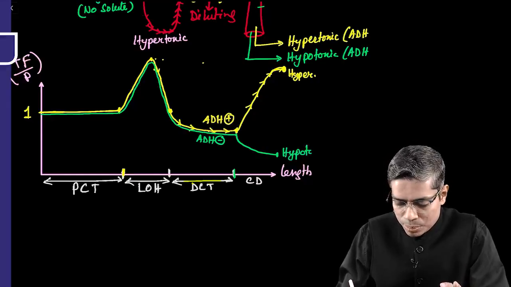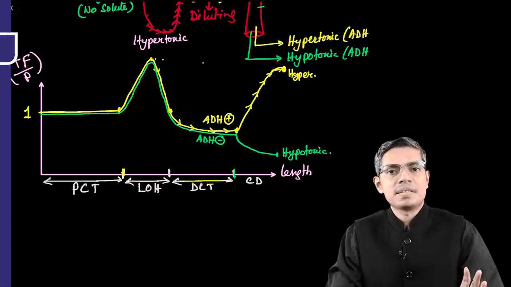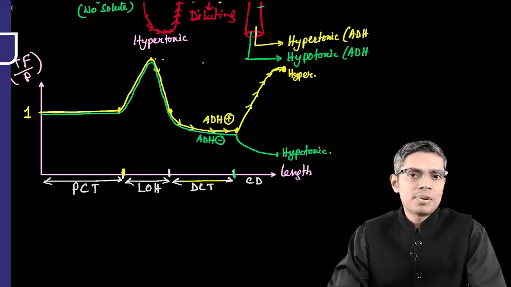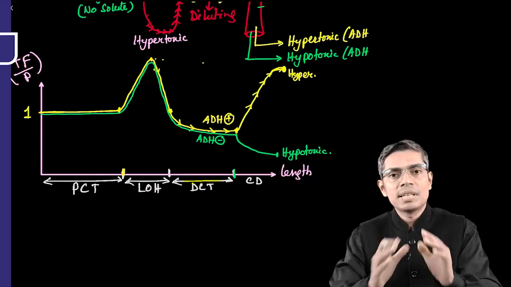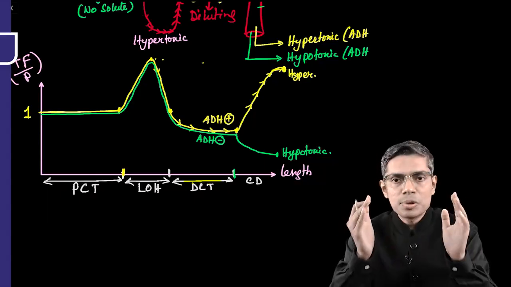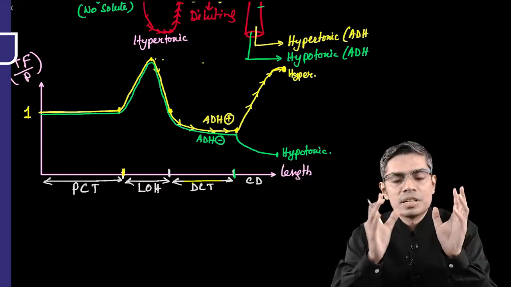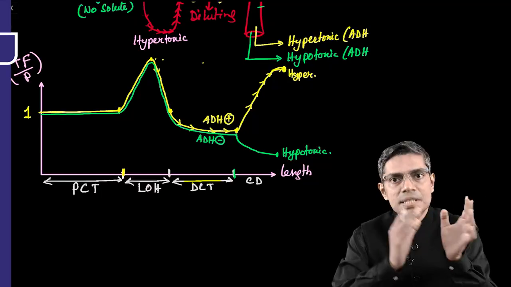So hypotonic urine will be excreted when ADH is absent. What is the bottom line from here? Whether ADH is there or not, up to the level of the DCT the hypotonic and isotonic pattern remains the same.